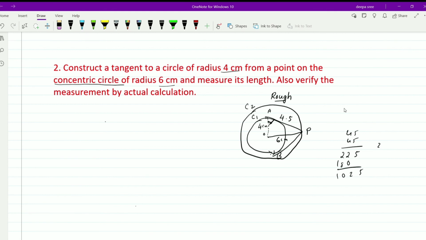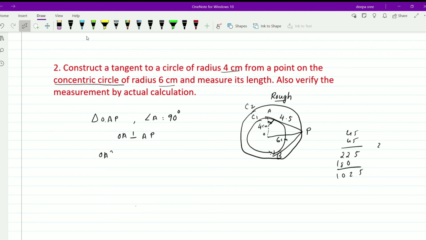For the actual calculation, we can consider triangle OAP. In triangle OAP, angle A is 90 degrees because the radius and tangent are perpendicular to each other. We can apply the Pythagoras theorem here.